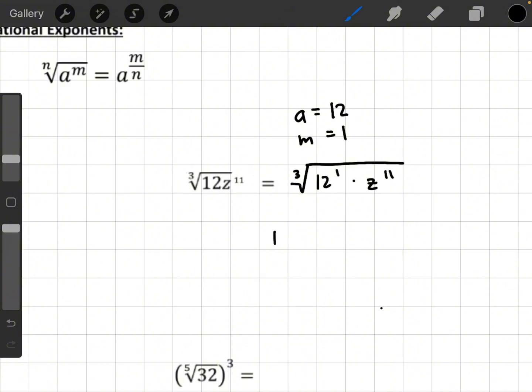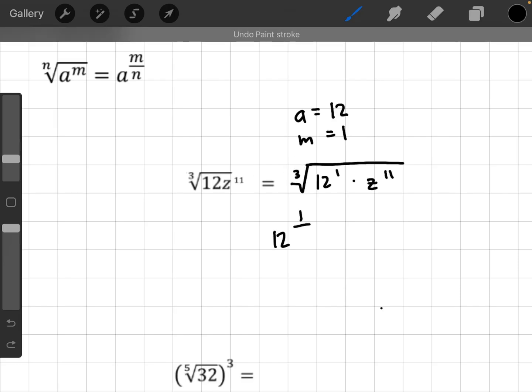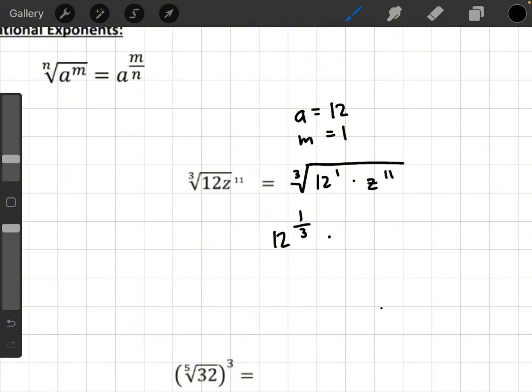So we write a to the power of m, which is 1, over n, and n stays 3 for the whole expression. Now we focus on this part of the expression, and our a and m values change. a is now equal to z, and m equals 11. So we have z to the power of m over n, 11 over 3.